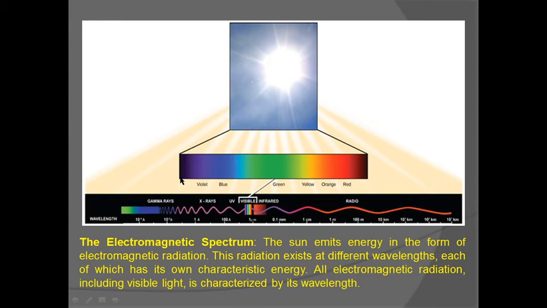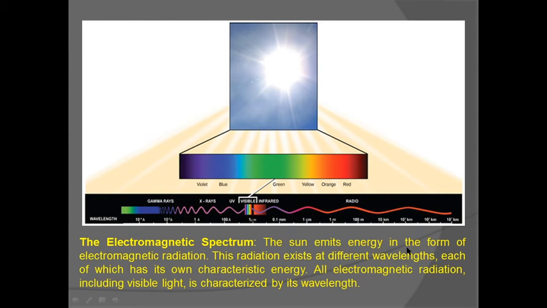The wavelength range is 380 to 780 nanometer of light, and this light is useful for photosynthesis. Now this is the wavelength. If the wavelength is tight or short, it carries more energy, and if the wavelength is long, it carries less energy.